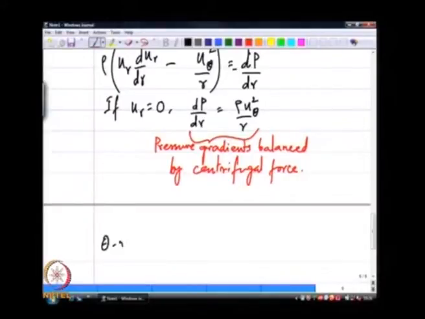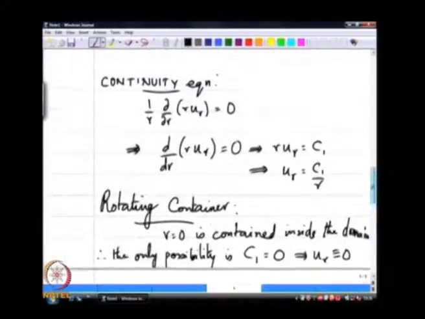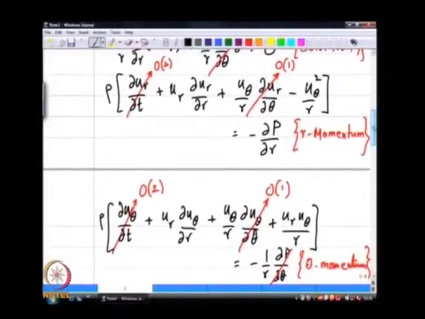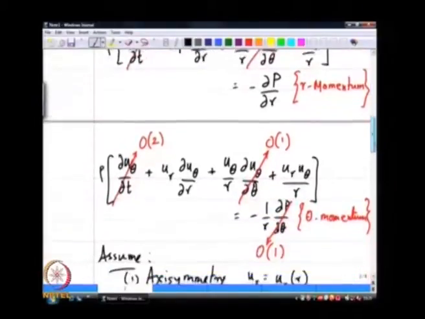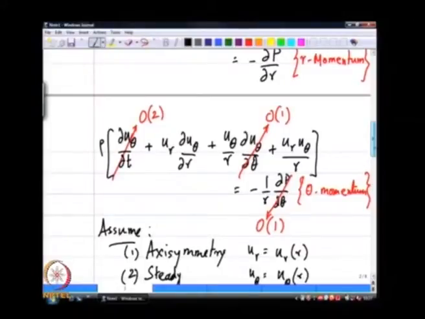Now, if I take the theta momentum equation and the terms that I still have remaining, u r d u theta d r plus u r u theta over r equal to 0.